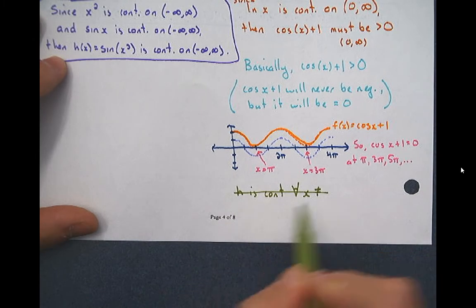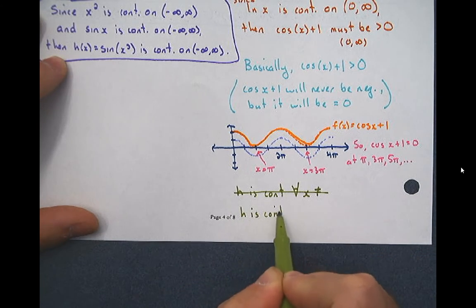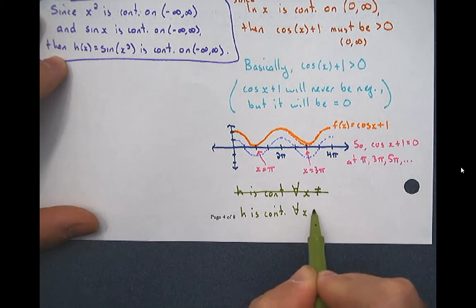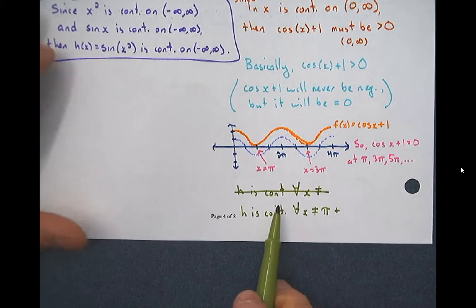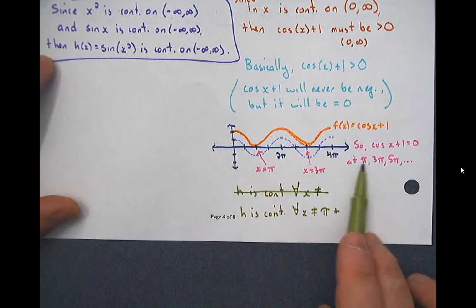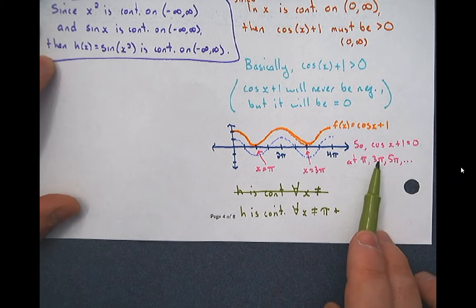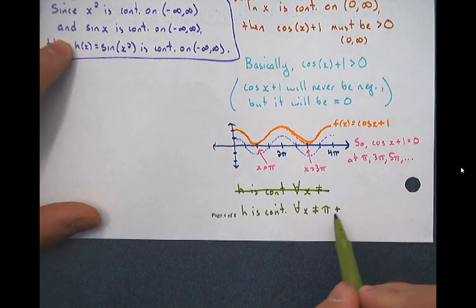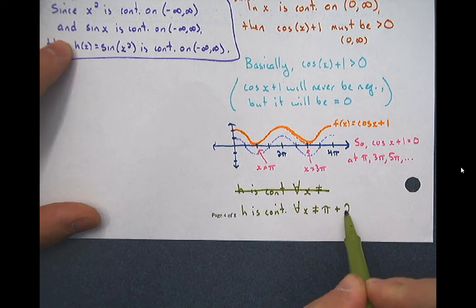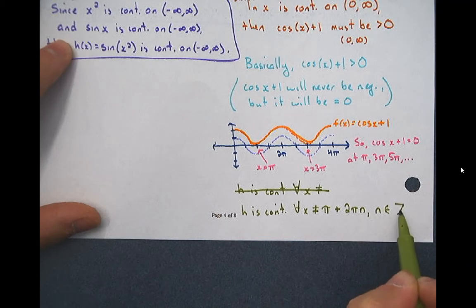I ran out of room, so I'm going to go underneath. h is continuous for all x not equal to pi plus, now if I went from pi to 3 pi, how many pi's did I go up by? I went up by 2 pi's, and then from 3 pi to 5 pi, another 2 pi's, and then 2 pi's and 2 pi's. The way we write this up is we say pi plus 2 pi n, comma, n is an element of the integers.